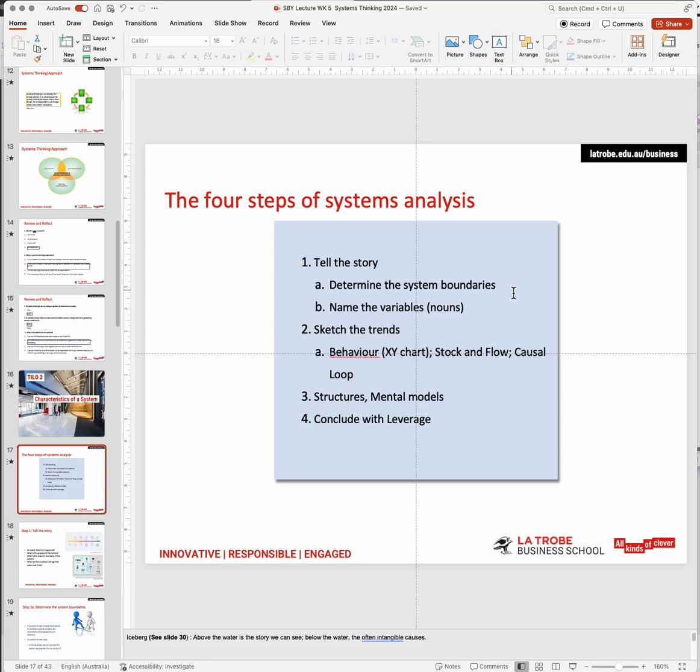So she needs to narrow the boundary of her study to look at things where she will have some agency, some ability to create change, some levers to pull.